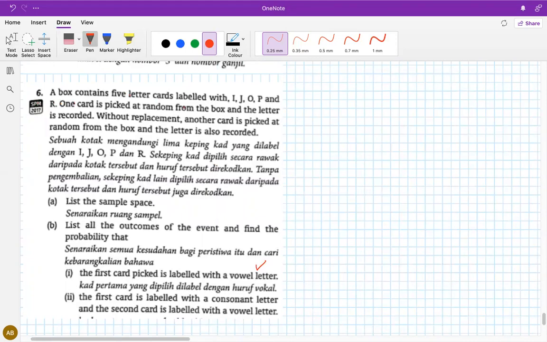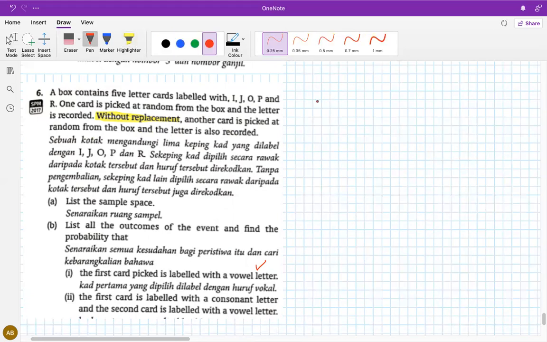A box contains 5 letters I, J, O, P, and R. One card is picked at random from the box, and the letter is recorded. Without replacement, another card is picked at random from the box, and the letter is also recorded.